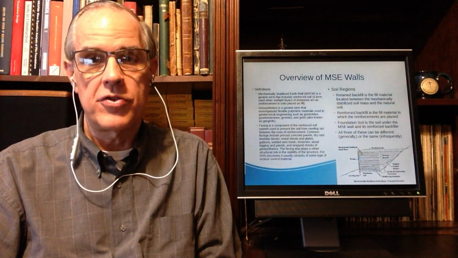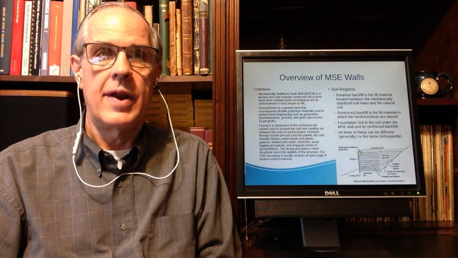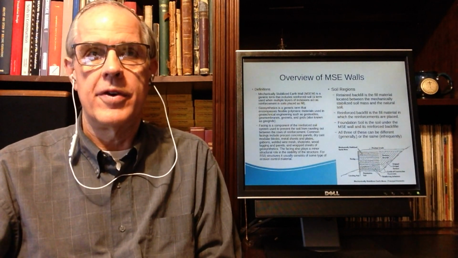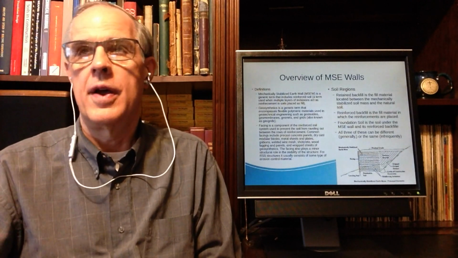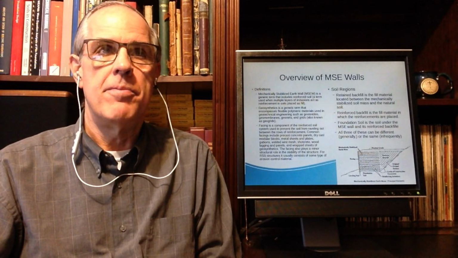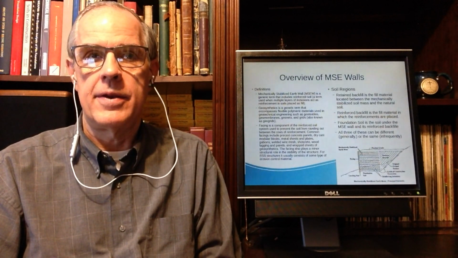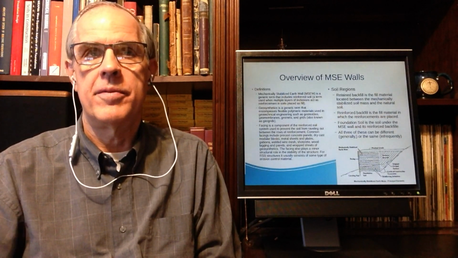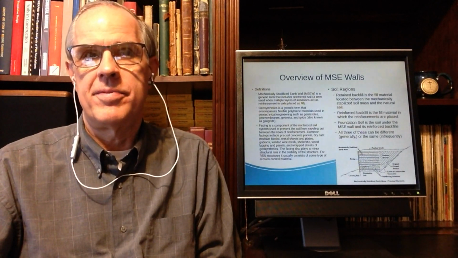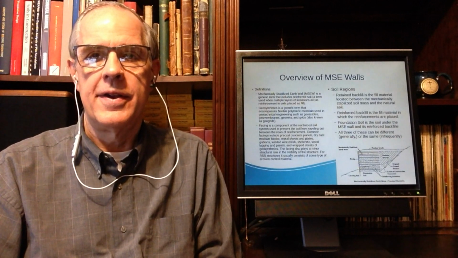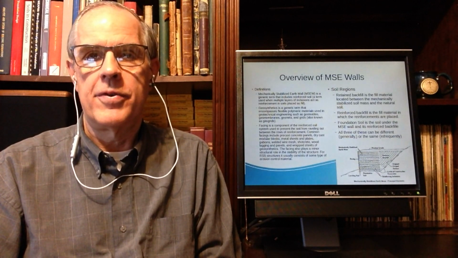Either steel strips or what I would kind of call a chicken wire kind of thing, where you've got a very loose mesh. But I think geosynthetics have become the dominant form of reinforcement, and we're going to concentrate on those.